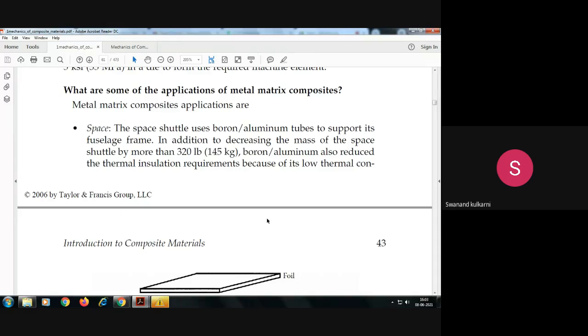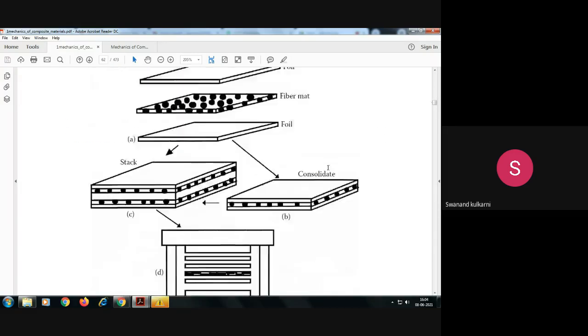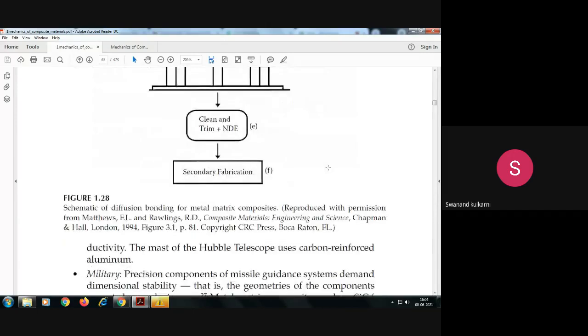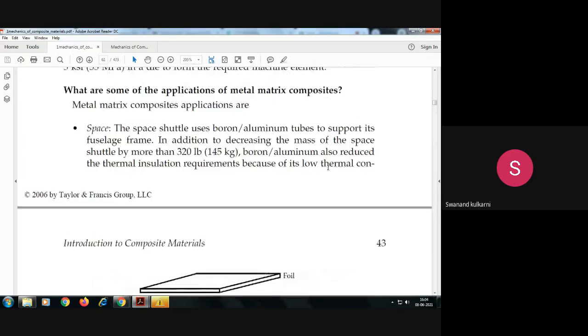In addition to decreasing the mass of the space shuttle by more than 145 kg, boron aluminum also reduced the thermal insulation requirement because of its low thermal conductivity.